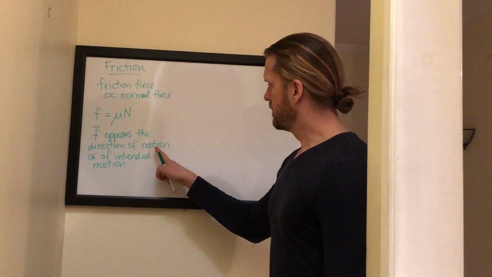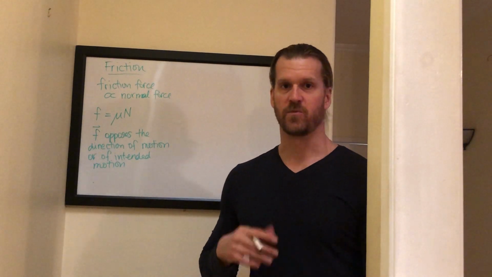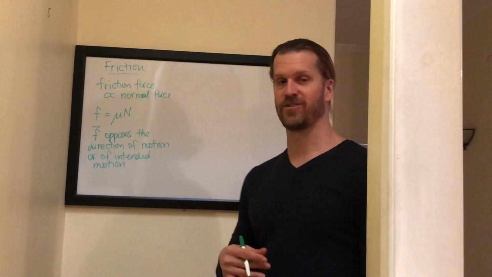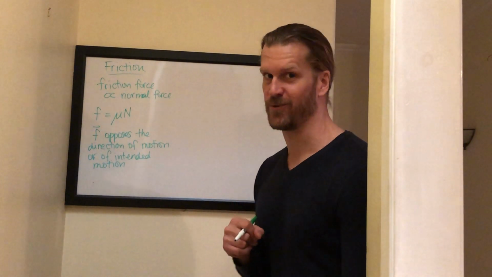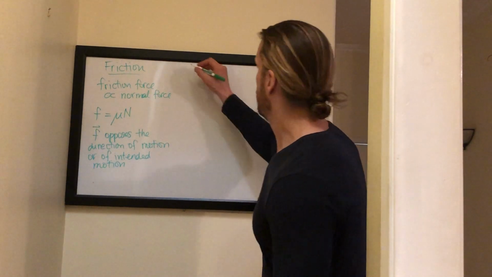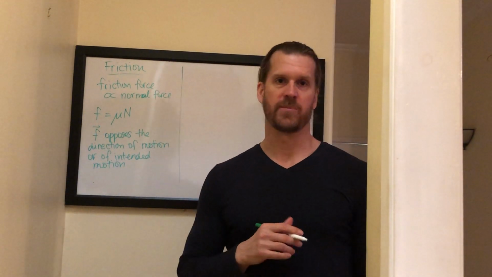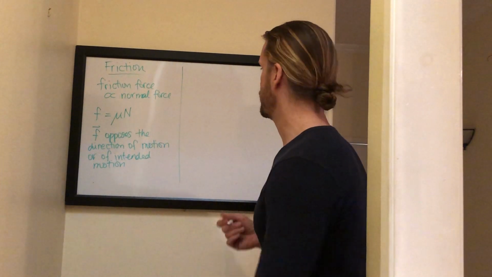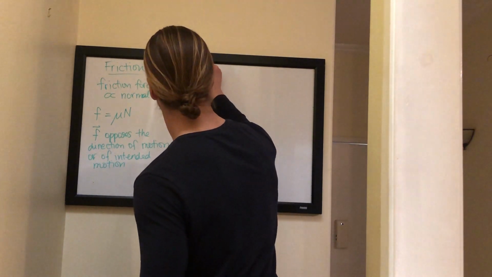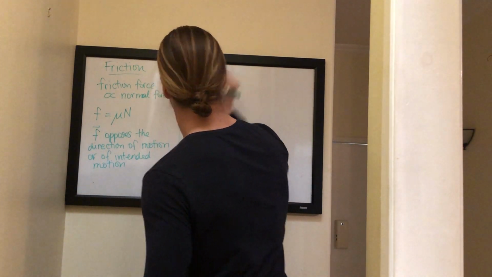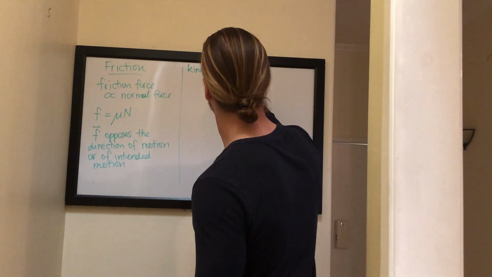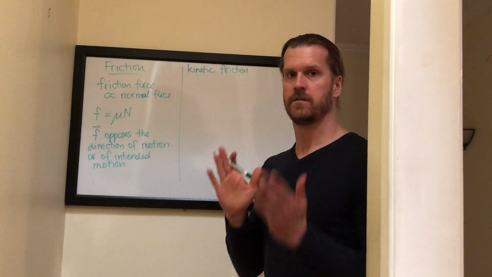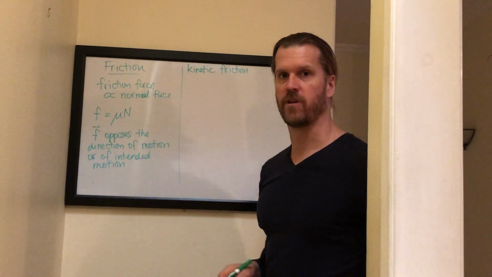So there's kind of two possibilities in this statement. One possibility is that you are moving, and another possibility is that you're trying to move, but you can't because it's too sticky, there's too much friction. And we call those two possibilities the kinetic situation and the static situation. So kinetic friction happens when two objects are moving relative to one another.